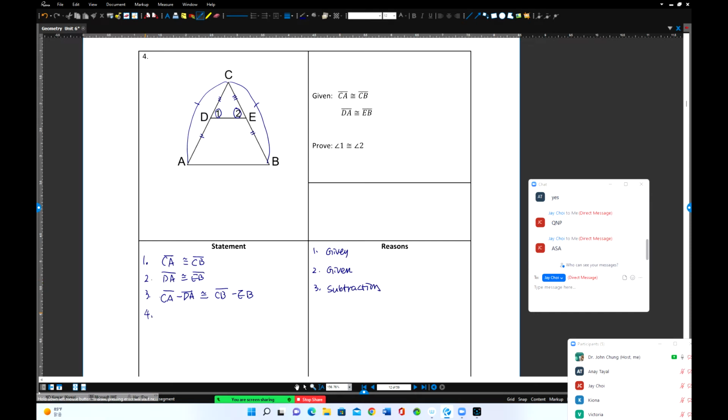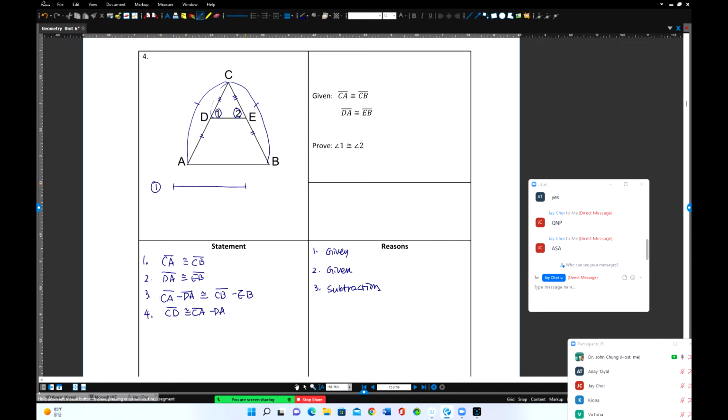Now the next one, I'm going to use the partition postulate. This is also partition postulate. CA minus DA is what? CD, isn't it? CD equals CA minus DA. We have two different ways, okay?